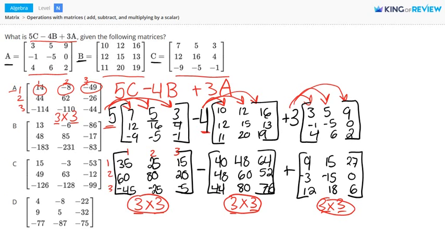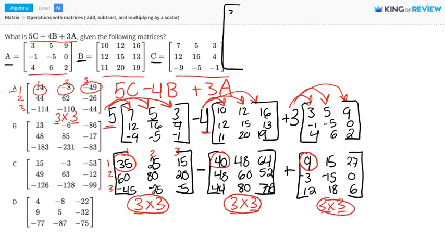So if we look at this upper left-hand entry, which is 35, this is in row 1, column 1. So we must look at the entry that's in the same position for these other two. So let's do that. For this first entry, we're looking at 35, 40, and 9.